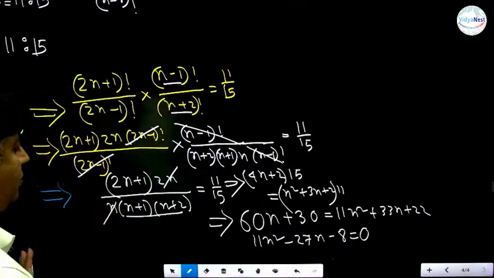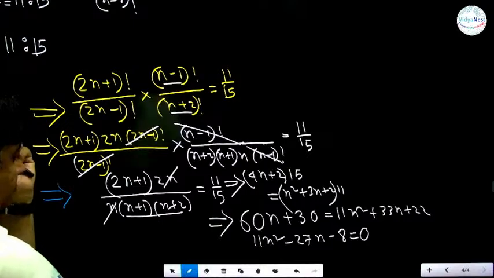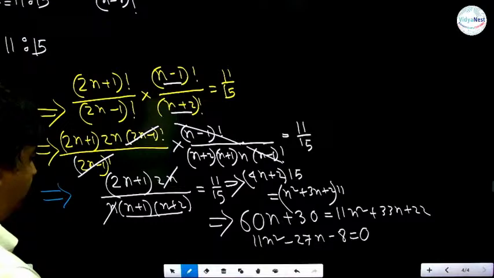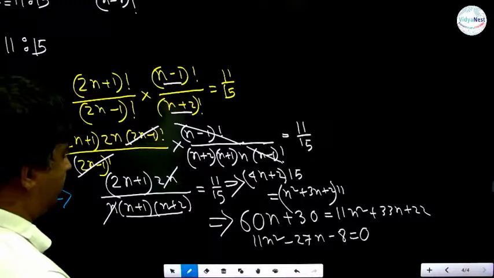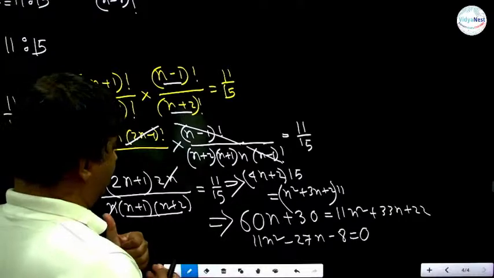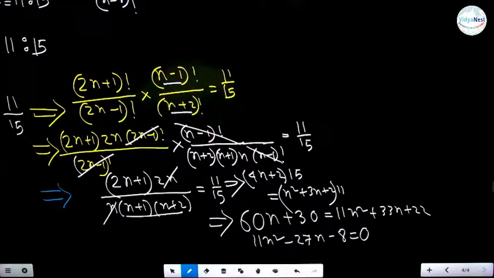Up to this stage we could reach. Now see what would be the next step of ours. Wait for a while. 22. Can it be factorized? I think no. That means not yet factorized.